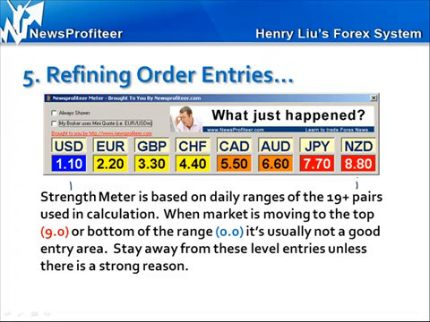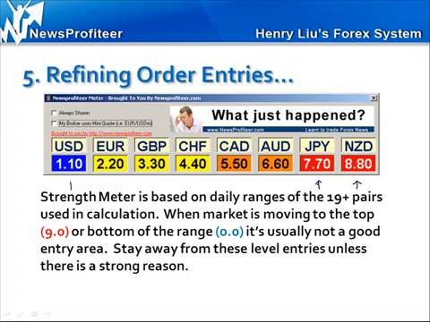So by knowing that we're actually using 19 pairs and we average them out, and knowing how the market works, you can see that when you enter a trade, when the market goes above 7, it turns to red, and 8.8 is red. When you are above 7 and you're trying to buy at 7, you're really buying as the market is moving up.